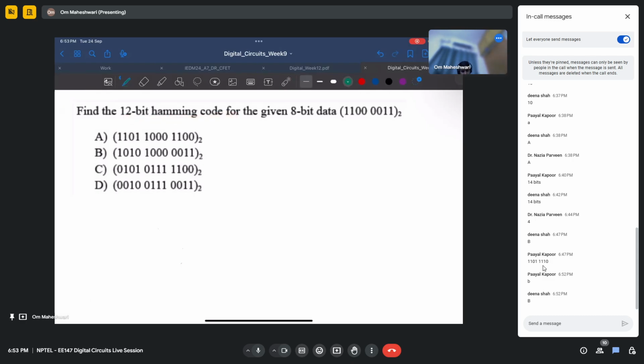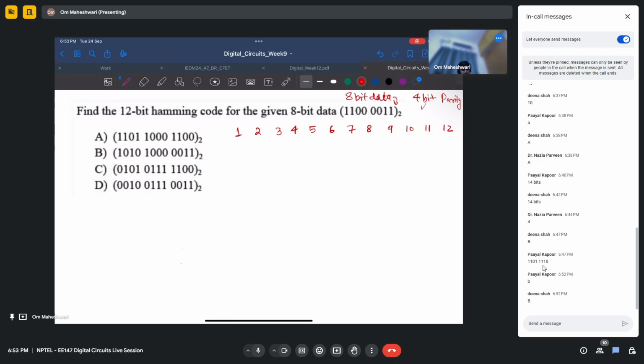So it should have 12 bits, right? And out of these 12 bits, we will have 8-bit data, which is given here, and we will have 4 bits for parity.